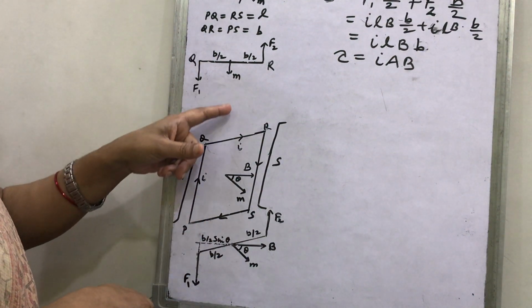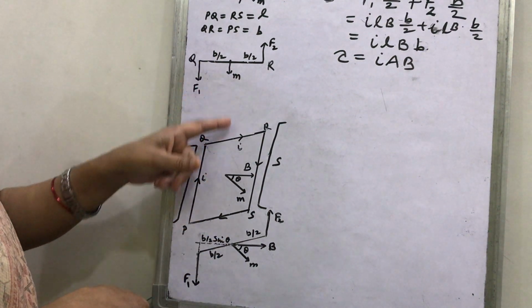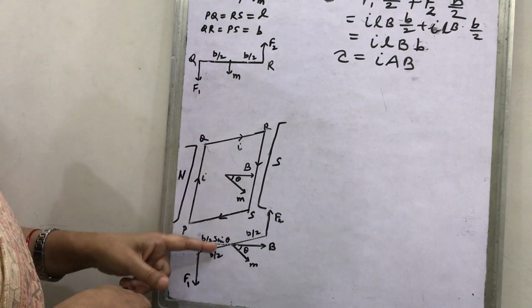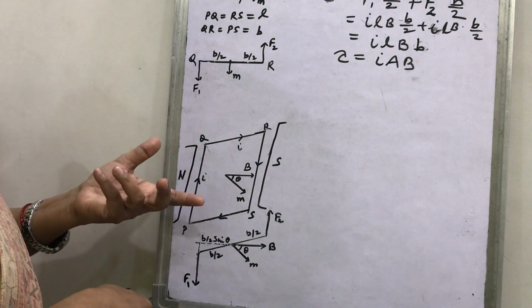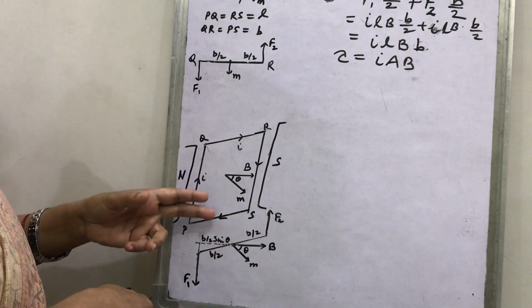But since their line of action is the same, they are said to be collinear, and equal and opposite forces, what will be the result? 0. They will cancel out.